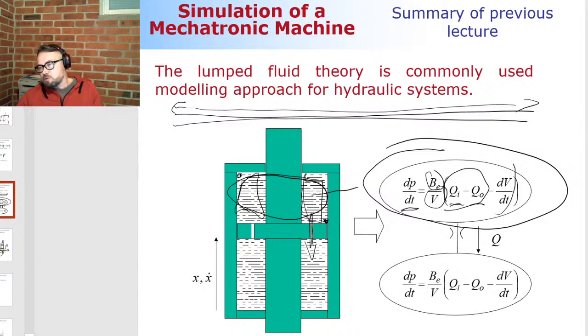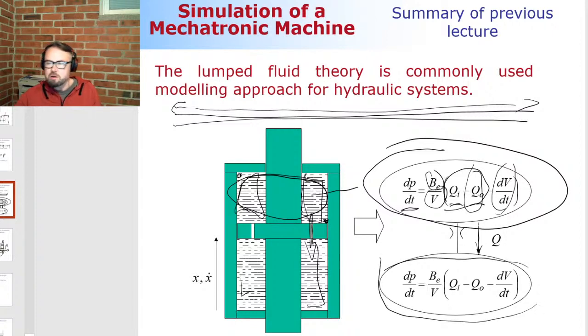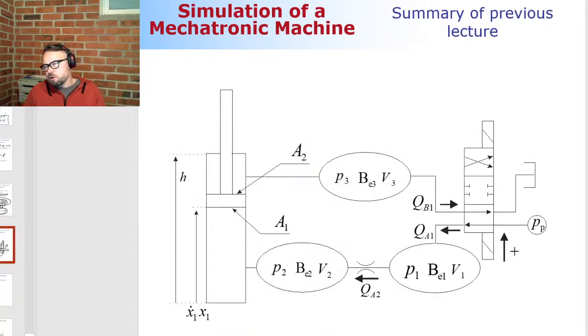This is the volume size, or change of the volume size, and that's okay. Now it is assumed that the flow rate is leaving, so the only component that will be active here is this one. Then this is another volume here. Here too, we're going to use this first order differential equation to compute the pressure as a function of time. That's how it goes.